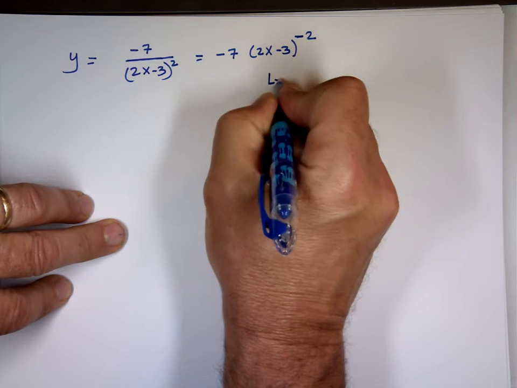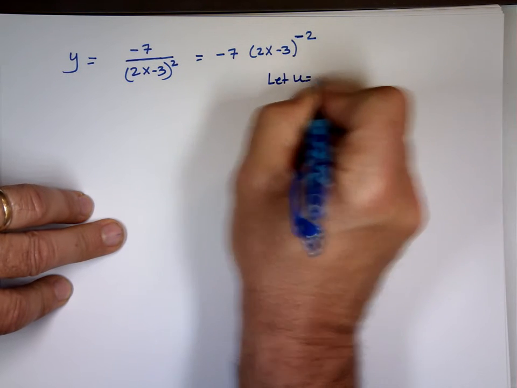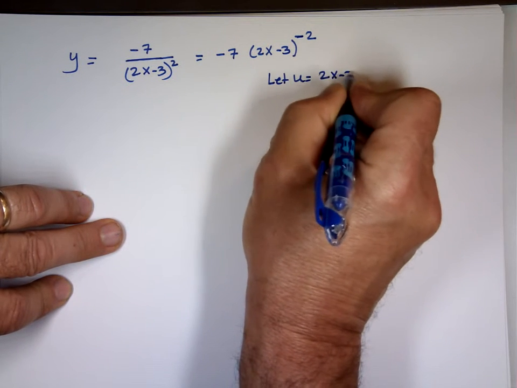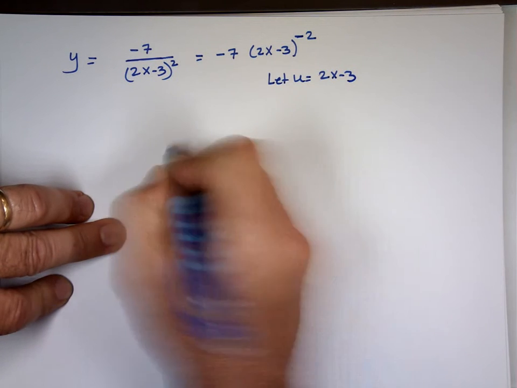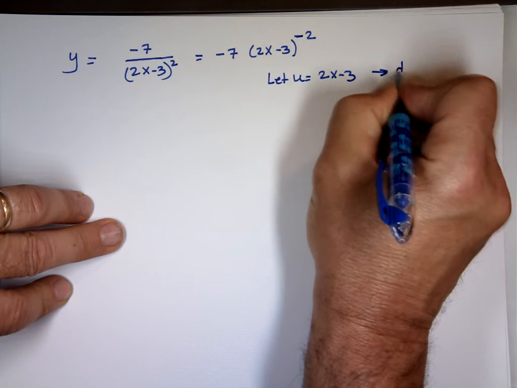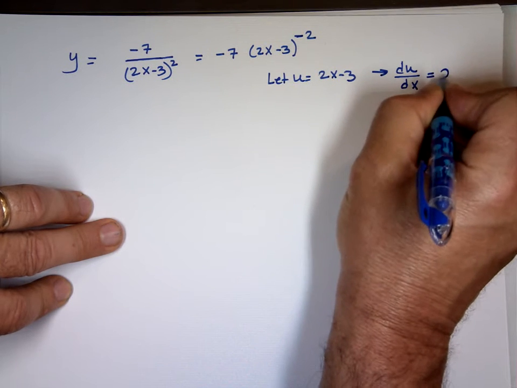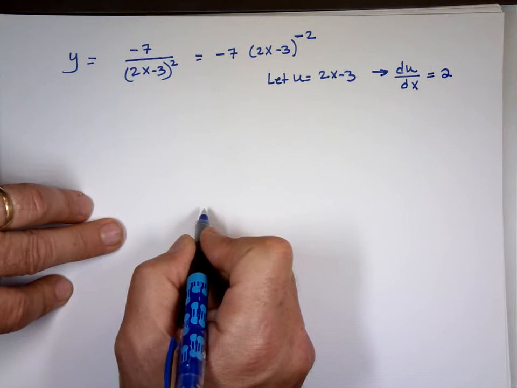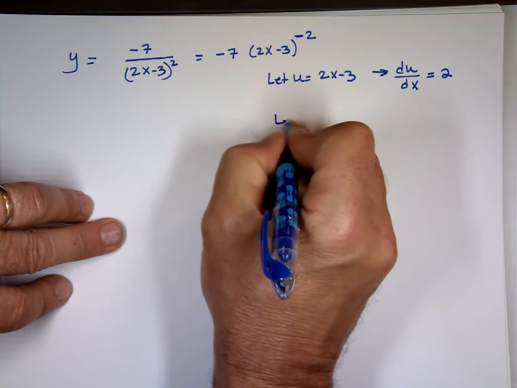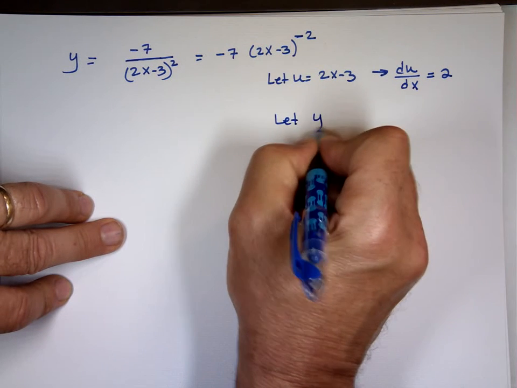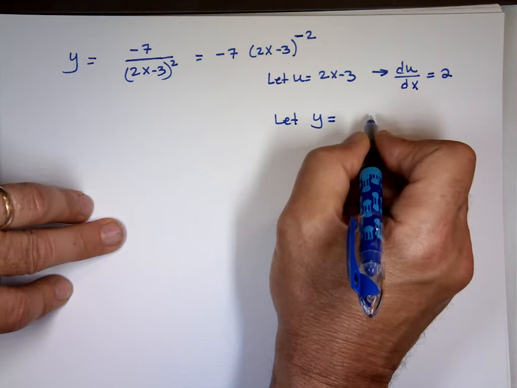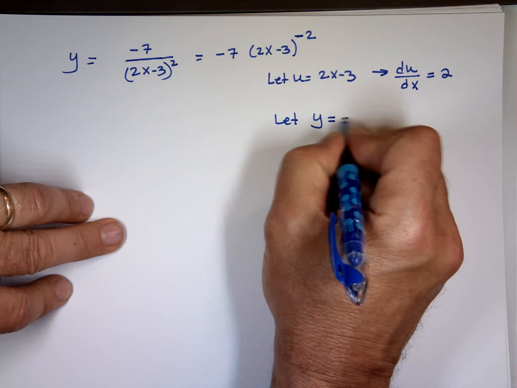Let u equals 2x minus 3. The derivative of that is what? 2. Let y equals what? This becomes negative 7.